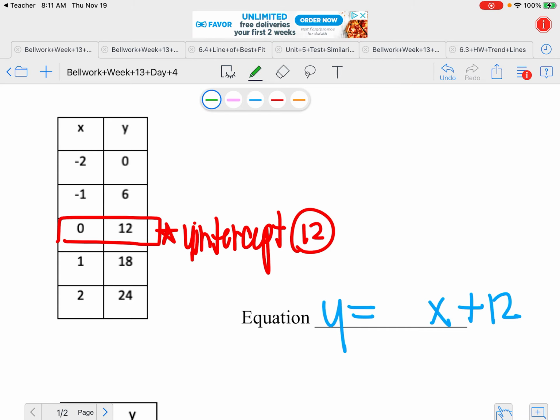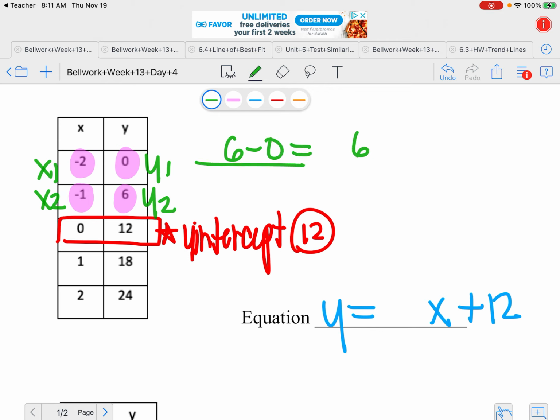To get my slope, remember we're going to do our x and y values. We'll set those up to do y2 minus y1, and then x2 minus x1. When I put those numbers together, I would get 6 minus 0 is 6, and then negative 1 minus negative 2.